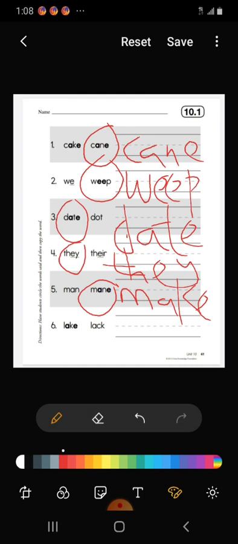Okay, now the last but not the least, we have our lake and our lack. Lack means when we do not have something. Lake is a body of water.